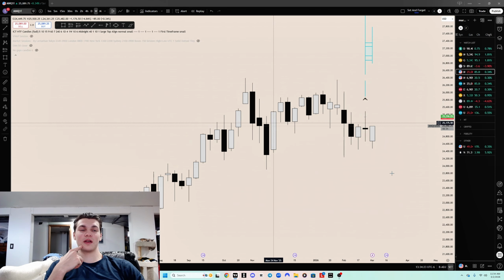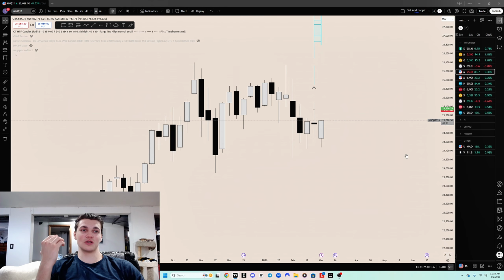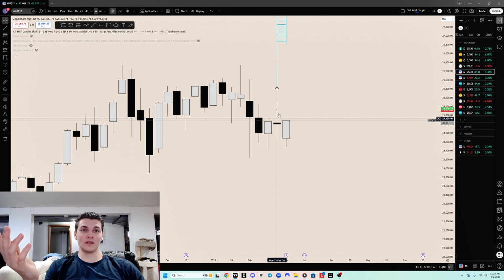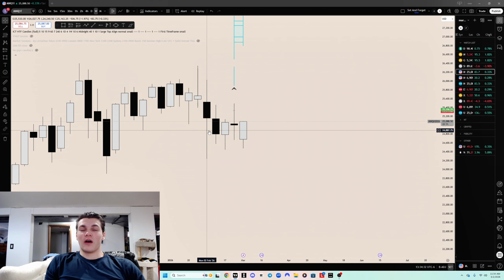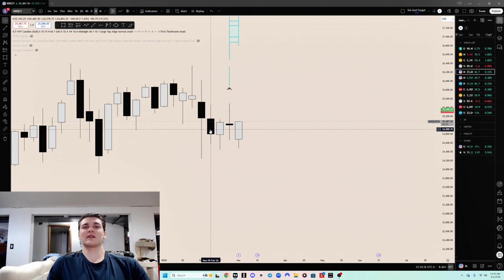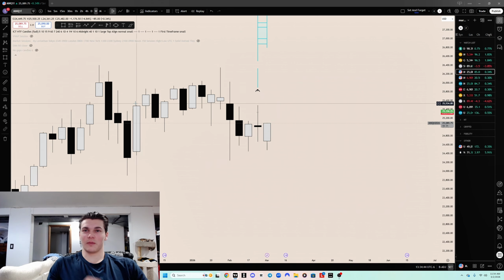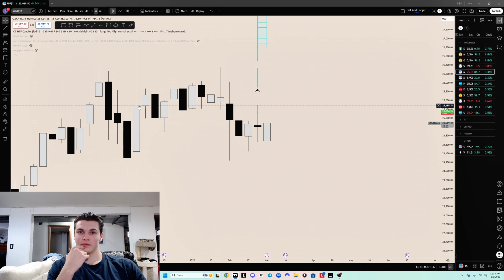So if we go to the weekly now, the new weekly candle just opened up. This was the previous one. So right now we are technically, what are we? Sorry, I'm getting a little bit lost here.